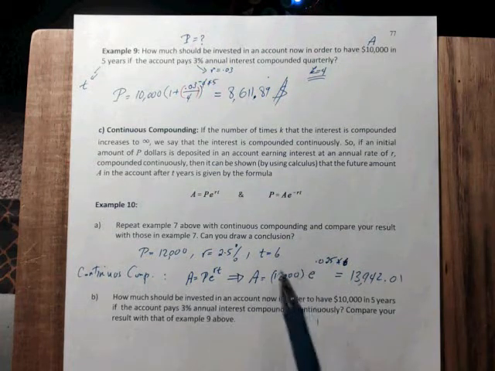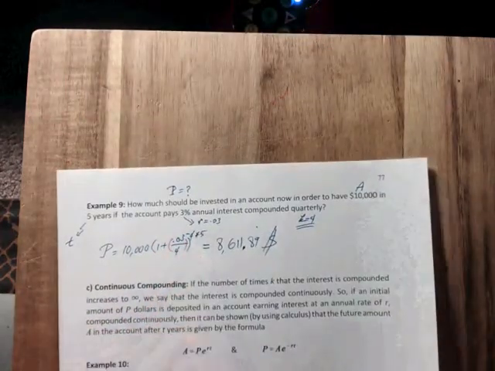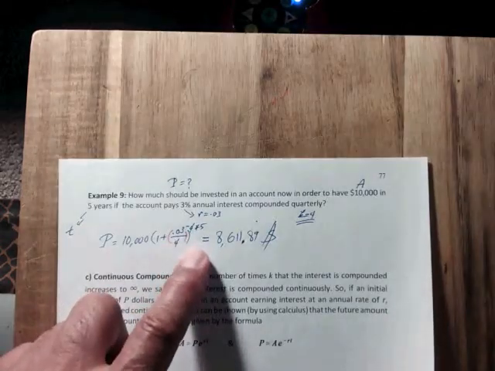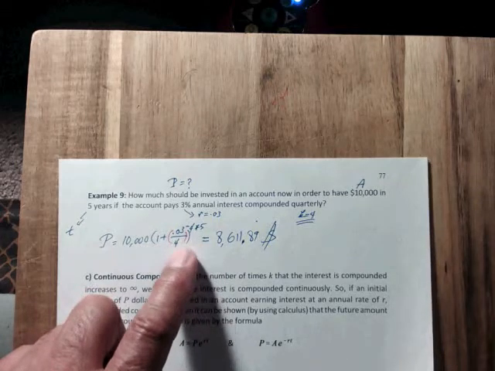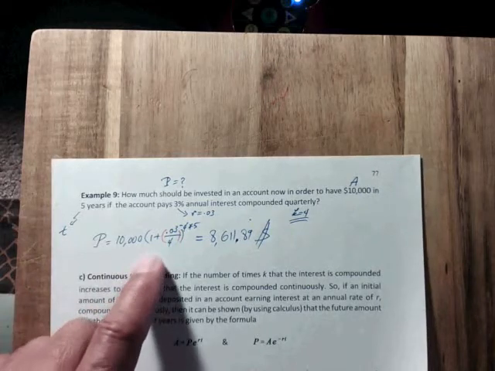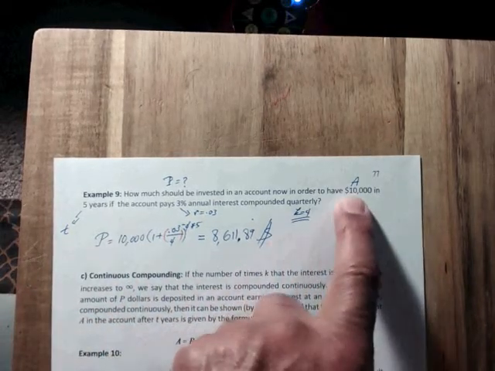Okay, now he says how much will be invested. The same thing we had here, you see, the same problem, but he says use continuous compounding. How much money should I put in this account so I will have my $10,000?